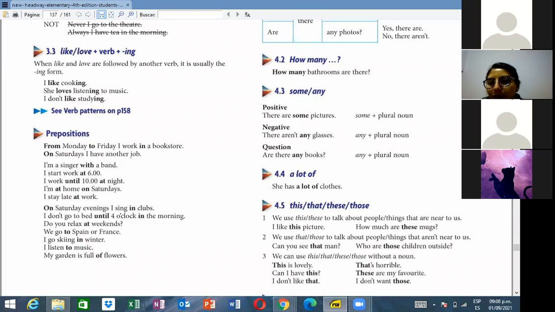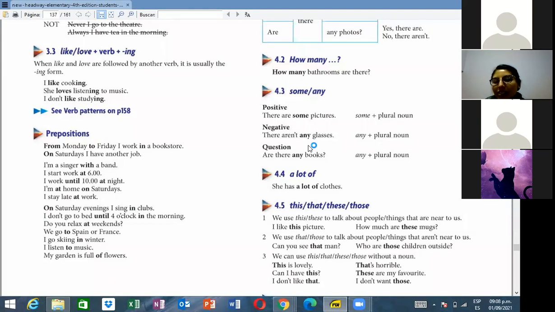Some plus plural noun, right? ¿Cierto, no? No podemos decir some car, digamos, ¿no? Mencionando solo uno, no. Siempre, algunos, ok? No se confundan. Quizá usamos el some cuando no estamos seguros, cuando no queremos ser específicos de cuántos hay. Hay algunos, sí, no sé cuántos, pero hay algunos, ¿ok? Negative. There aren't any glasses. Any plus plural noun. Okay, again, siempre.